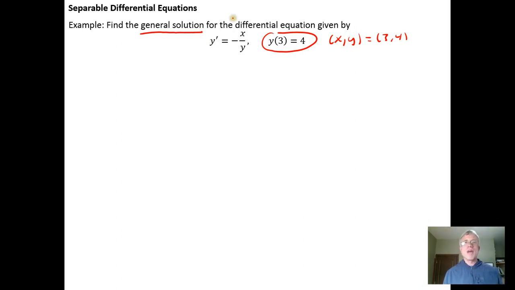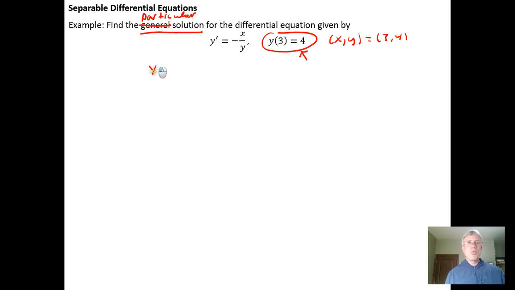We're given a value which lets us then solve for the constant of integration. And when we solve for the constant of integration, we're actually finding a particular solution. So here I could say: find the particular solution for the differential equation given these conditions, where when we input 3, the output y has to be equal to 4.